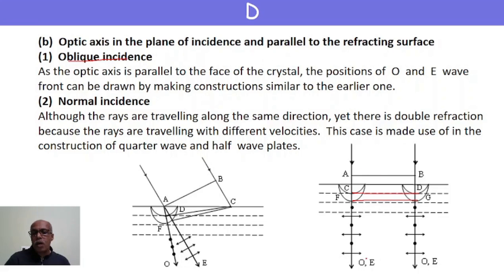AO, AE are along the same direction. Though they are along the same direction, there will be double refraction because they are traveling with different velocities, different speeds. Though they are in the same direction, their speeds will be different. Therefore, there will be double refraction. This is the case of normal incidence.